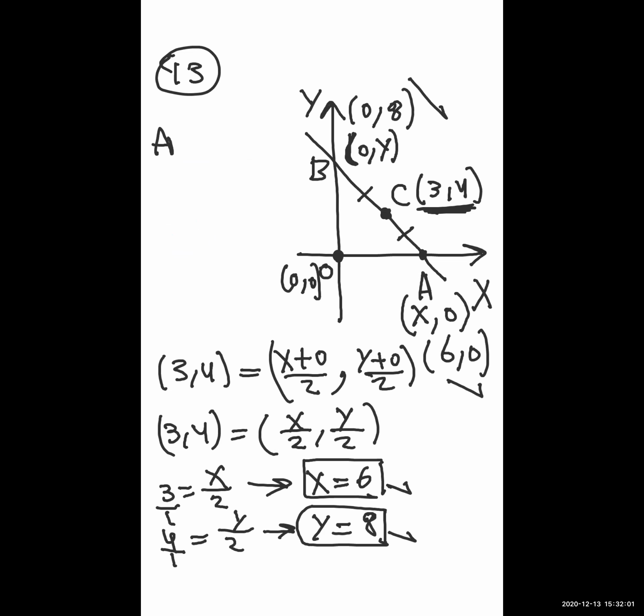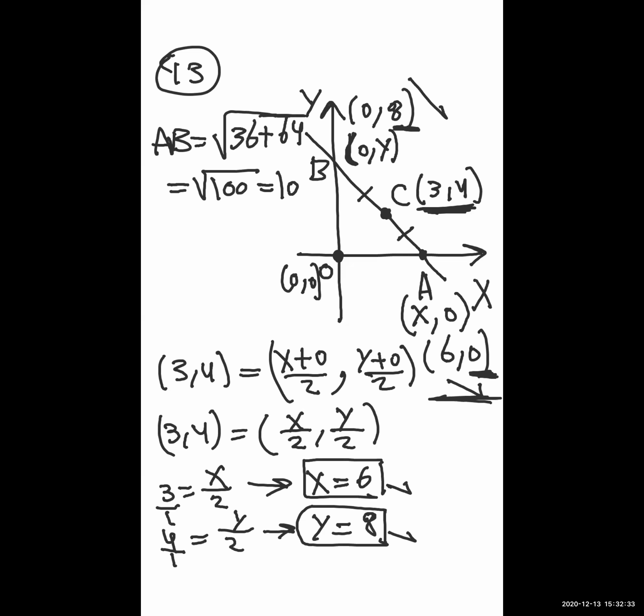AB will equal the square root of (x1 minus x2) squared. So for A it's 6 minus 0 squared, so 36, plus (y1 minus y2) squared, which is 0 minus 8, so negative 8 squared, 64. So AB will equal the square root of 100, which equals 10.